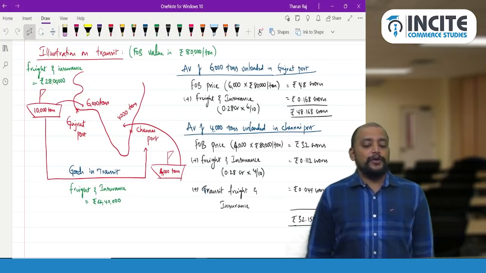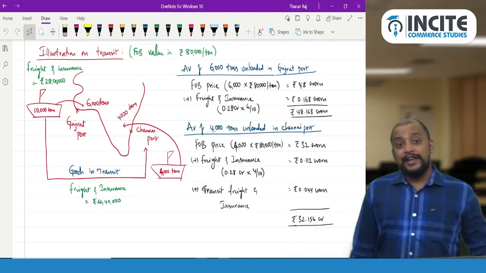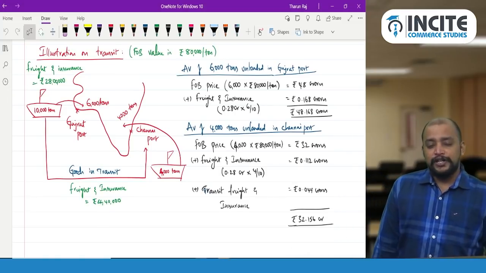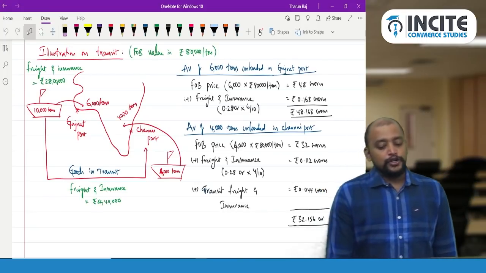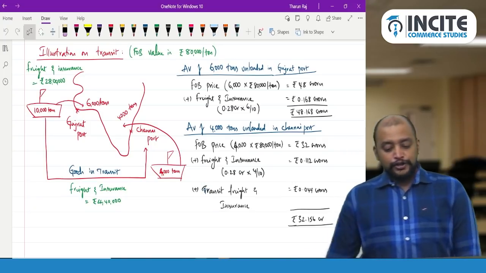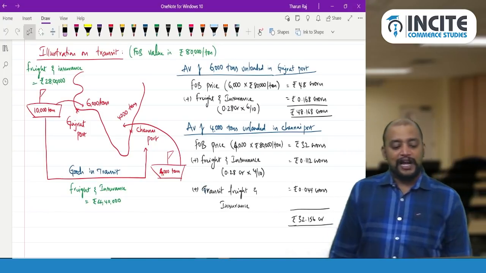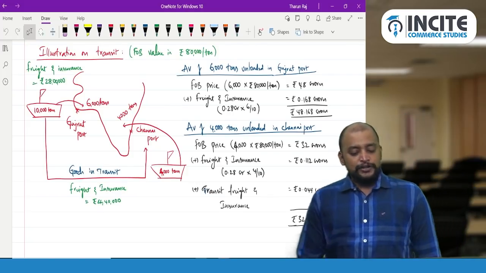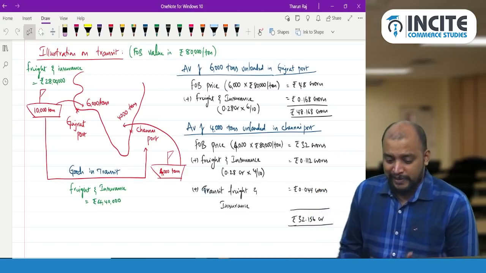That is 0.112 crores. And this transit freight and insurance of 4,40,000 should also be added. Not 0.44 crores, because it's just 4,40,000 only, so 0.044 crores should be added. So 32.156 crores will be taken as the value.